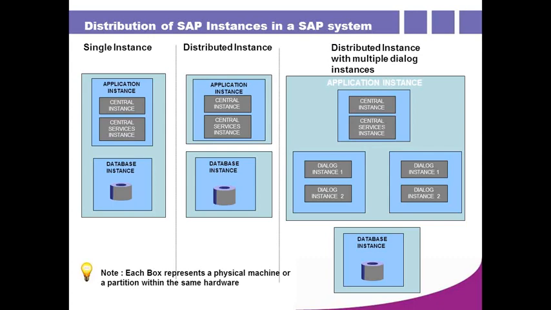Okay, it's all based on your hardware components. If your RAM, CPUs, processors are good, all 6 instances you can install in a single box. See here, 2 instances are installed in a single box. Like that, here 6 instances you can install. It's all based on your hardware.